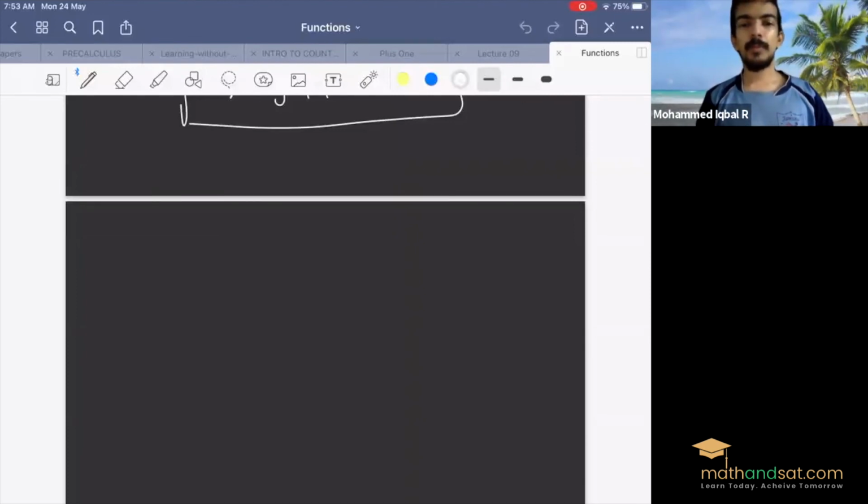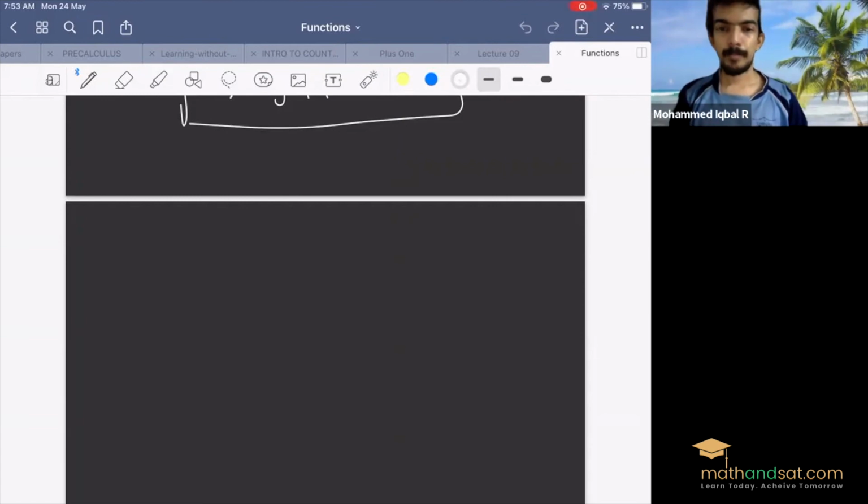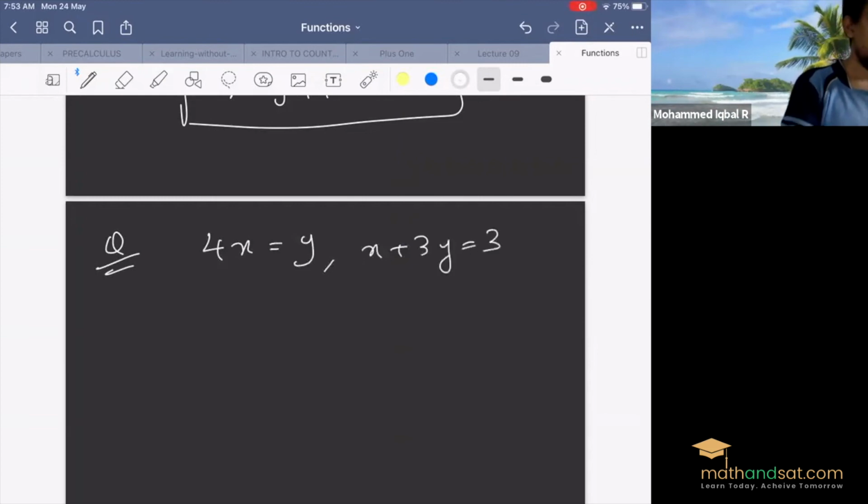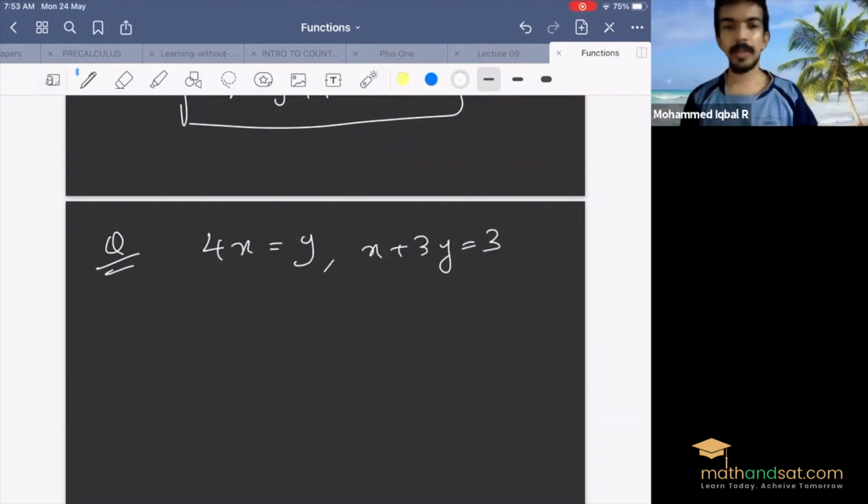Okay, I'll give you one more question. We have 4x is equal to y, and x plus 3y is equal to 3.